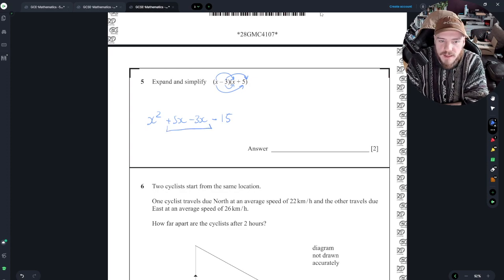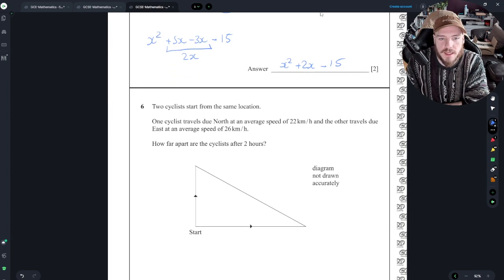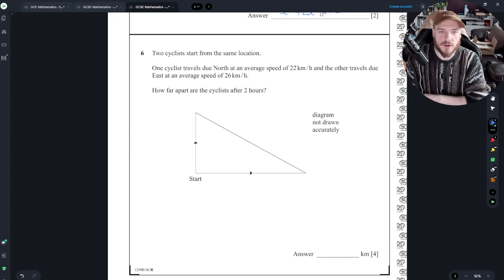Then we can simplify this down. We've got 5x minus 3x, which is just 2x. So our answer will be x squared plus 2x minus 15. So easy enough, nice 2 marks.